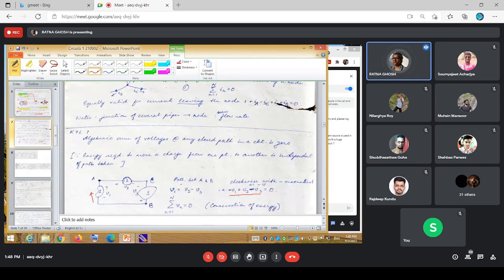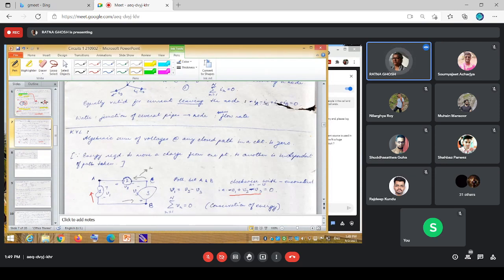In this summation notation, this would again interpret to summation of Vn is equal to 0. Please understand that had I taken the reverse direction as the direction of flow, the equation would have been nothing but, I would have traversed from this direction.